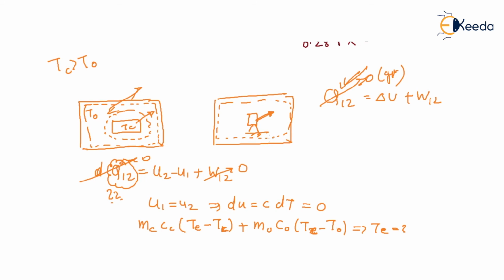Why? Because for this system there is no transfer of heat. Why? Because this is insulated. So the room is fully insulated. So easily you take as a system the room minus the computer. So this is very important information. You should not have confusion about that.